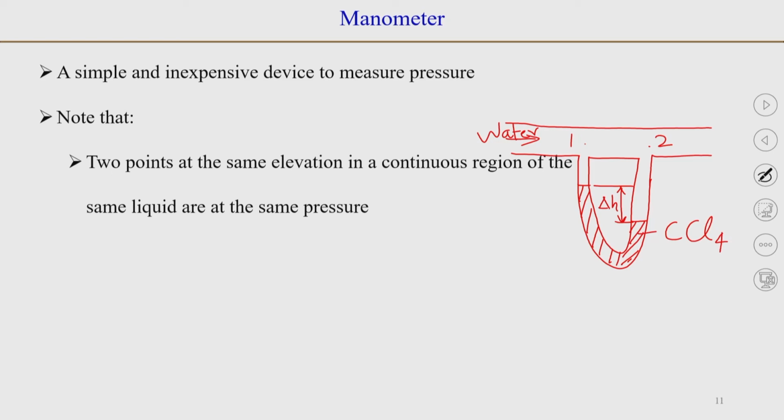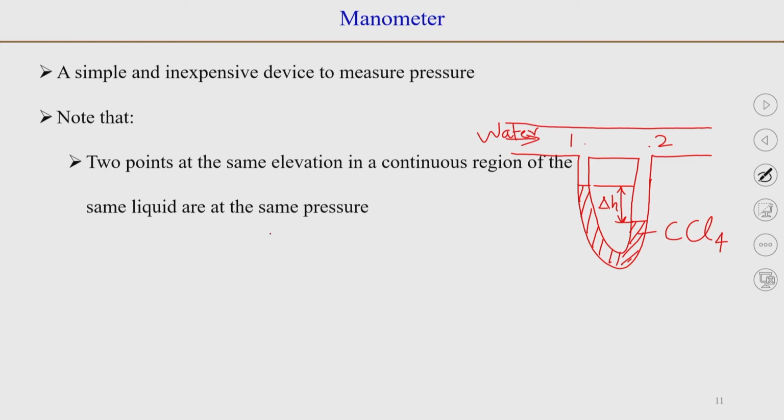So, depending on what is your estimated pressure difference, or what order of pressure difference you are going to get, accordingly you will choose a fluid of the right density, so that the height difference can be significant. So, the accuracy of the manometer is good, or the sensitivity of it is good.